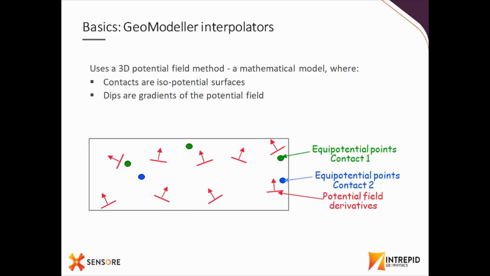GeoModeller Interpolator. This slide is referring to the principle of GeoModeller, how GeoModeller surfaces are built with the help of data sets. Let's assume there are 3, 4, 5 points available on the screen, which are actually contacts, and all the contacts will be joined with a line.